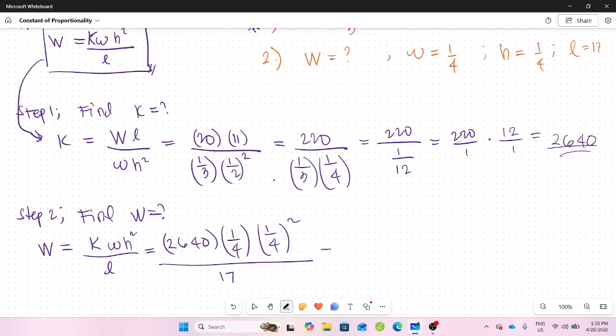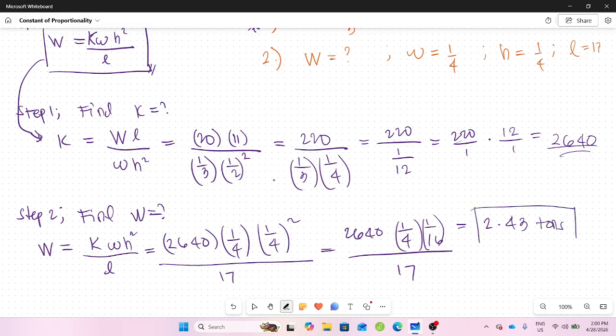So we have here 2640, 1/4 times 1/16. Okay, then divide this one by 17. Just simply use our calculator here. And we get 2.43 tons. So this is the maximum weight that this beam can support.